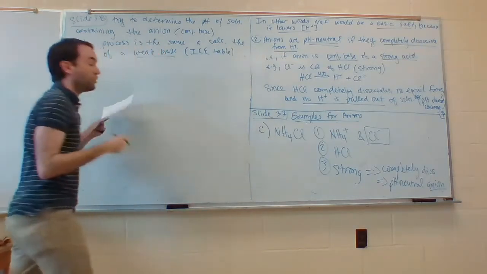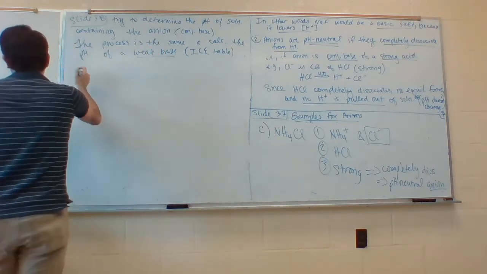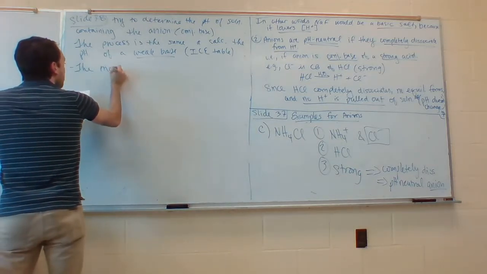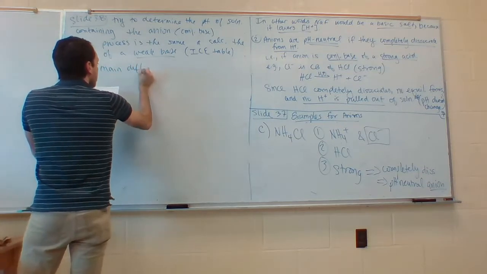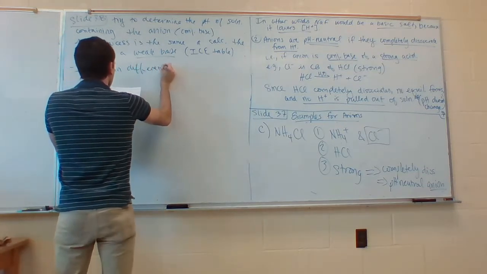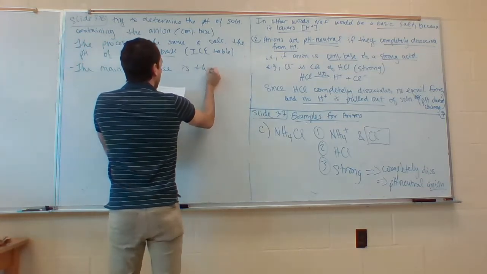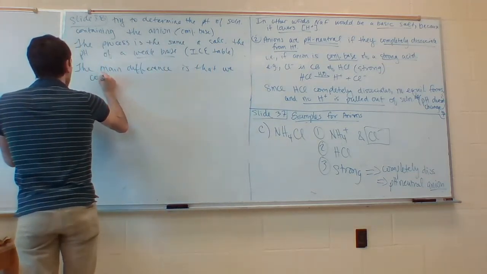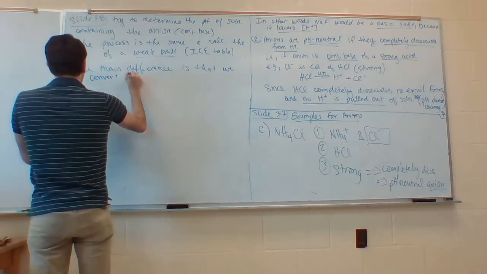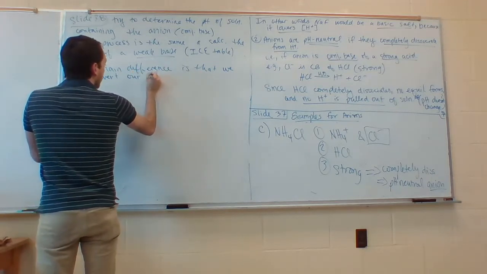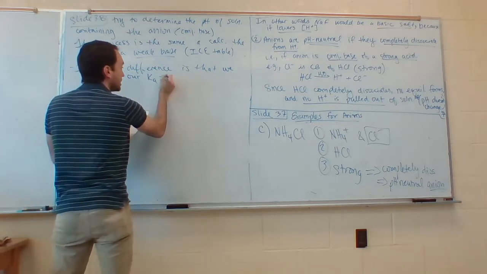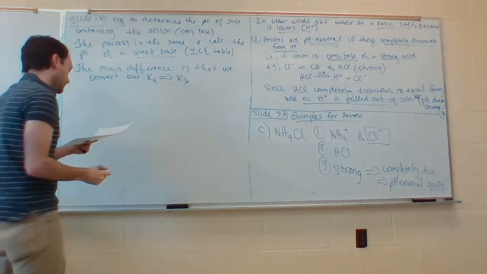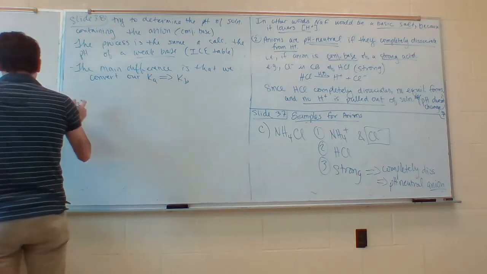So if we're dealing with a weak substance, it's going to require an ice table. But the main difference is that we must convert our acid dissociation constant into a base dissociation constant. So let's work through the example.